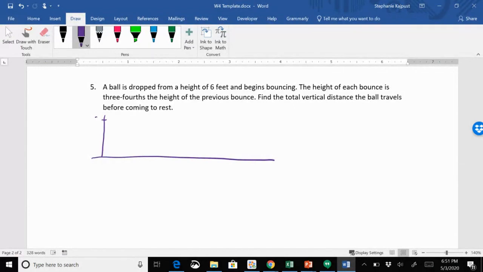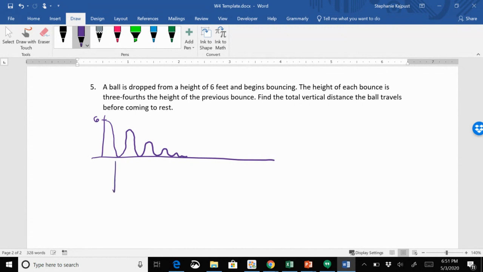The ball will eventually stop bouncing, but if we assume it's a perfect world, it will go on forever. So we're dropping it from a height of 6 feet. It bounces down, then bounces up 3/4 the height, and then comes back down 3/4, and so on. So we've got a down distance and an up distance going on here.